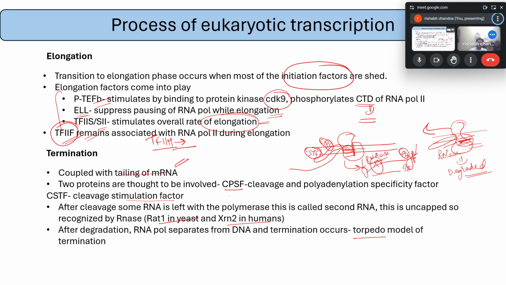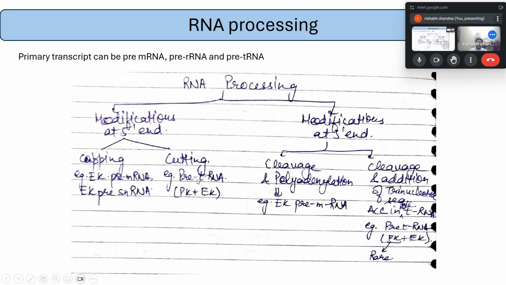Now this leads to the end of eukaryotic transcription. Now we'll see about RNA processing. As you know, we need RNA processing in the eukaryotic system. This is the nucleus of the eukaryotic cell.